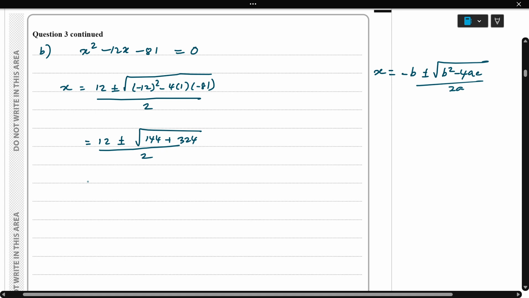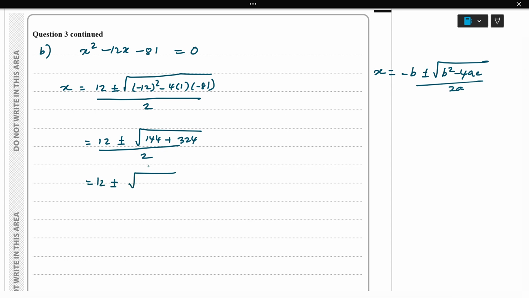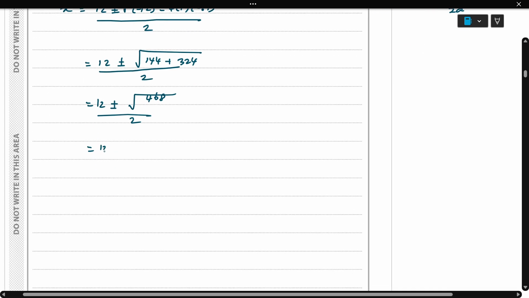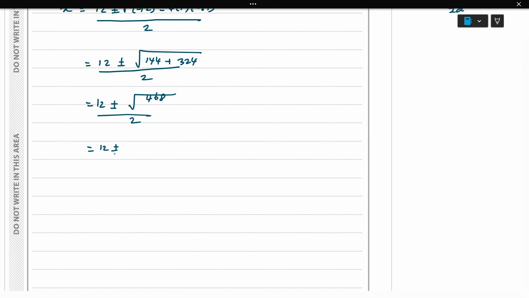So next, 12 plus or minus the square root of this one will get 468 over 2. So the next line, 12 plus or minus the square root of 468 becomes 6 square root of 13 over 2.